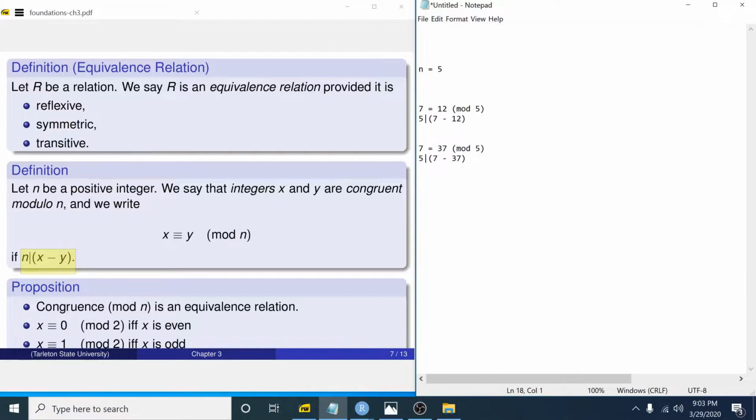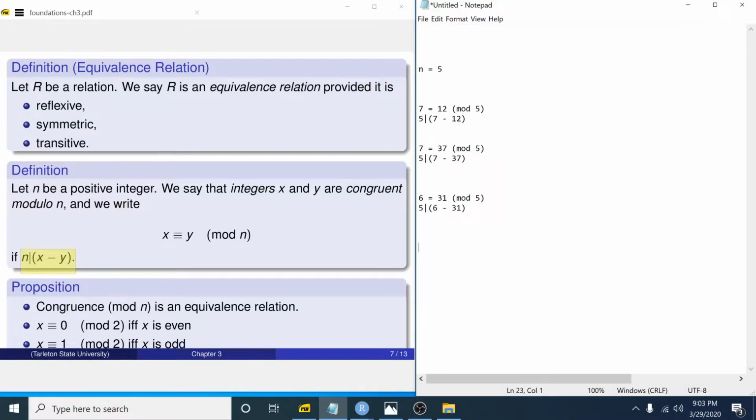What are some other quick examples we could do? I claim that 6 is congruent to 31 mod 5. That would mean that 5 divides evenly into 6 minus 31. And that's true, because 6 minus 31 is negative 25, and 5 divides evenly into that.